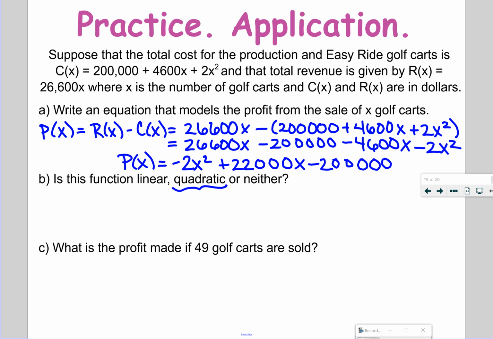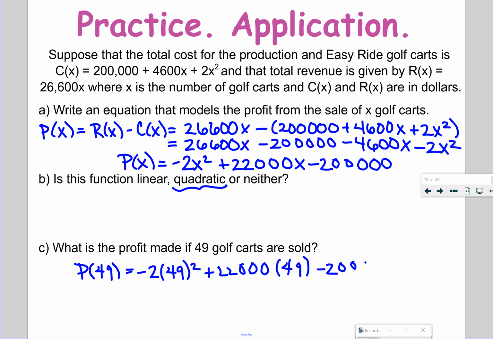And then finally, you're going to evaluate that function at 49 for the number of golf carts they're going to sell. Okay, so we should have plugged in 49, and then again, you can use your calculator to help you here. So 49 squared times negative 2 plus 22,000 times 49 minus 200,000. You can just type it all in one line in your calculator if you don't want to get too crazy with the order of operations.